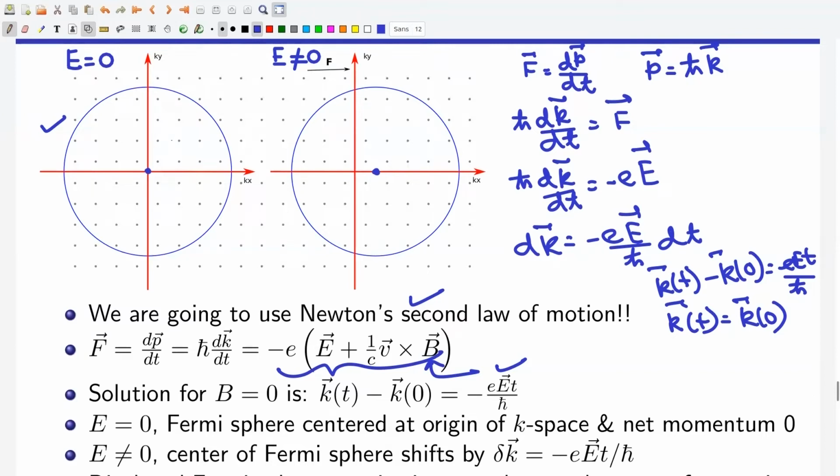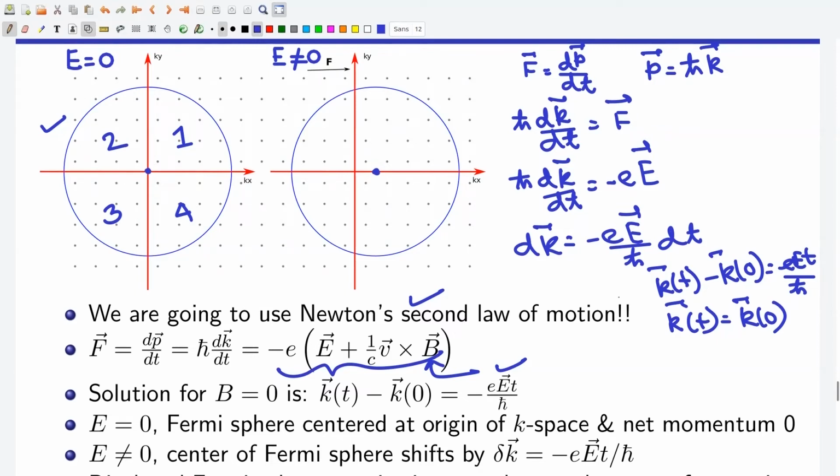That is because we have four quadrants, 1, 2, 3, 4, and if you sum over all the k points within the sphere, because of the spherical symmetry, in this case a circular symmetry because we are showing it in 2D, the sum of the k vectors inside the Fermi sphere will be equal to 0.